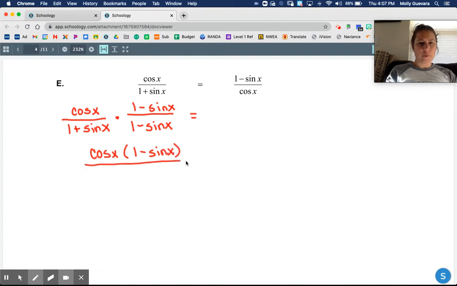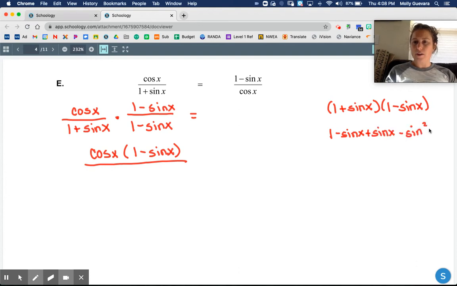And on the bottom, I'll multiply it out just in case you don't remember. 1 times 1 is 1. 1 times negative sine is negative sine. 1 times sine is positive sine. And sine times negative sine is negative sine squared. So negative sine and positive sine go away, and the bottom becomes 1 minus sine squared.